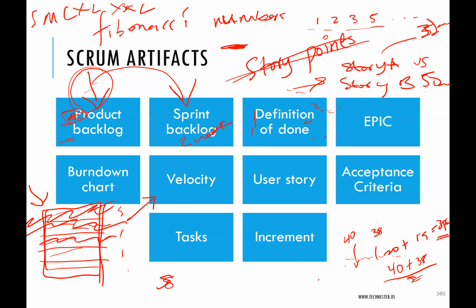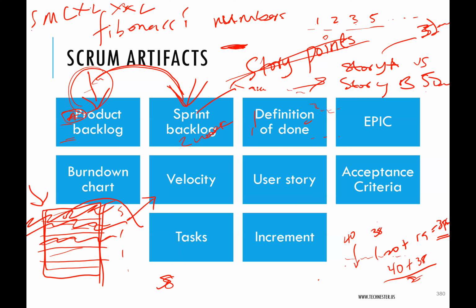Guys, when you move the stories into the sprint backlog, for developers to do it, they'll pick each story and convert them to actual tasks that they can perform. Because your story is telling them what you want to do or what feature you want to see or how you want a feature to work.